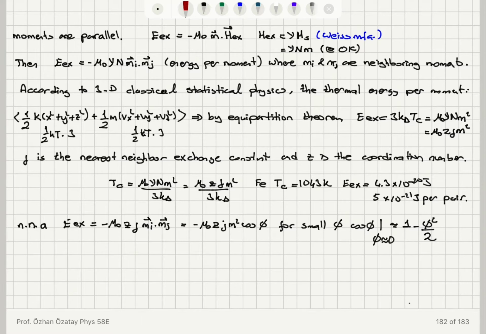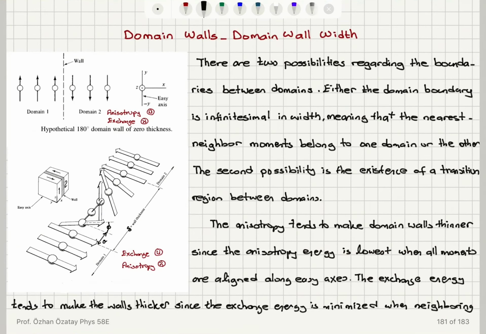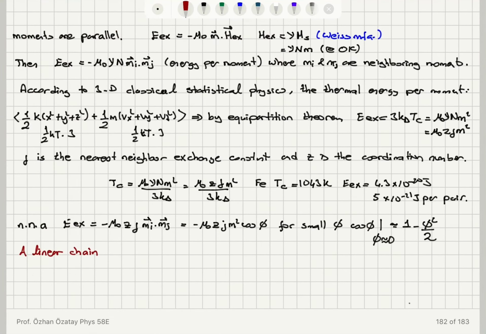Now I'm going to consider a linear chain. If you look at each of these moments, they would have only 2 neighbors, neighbor 1, neighbor 2. So on a linear chain I have only 2 neighbors, so I can say that z will be equal to 2. So the exchange energy would be mu 0 j m squared.